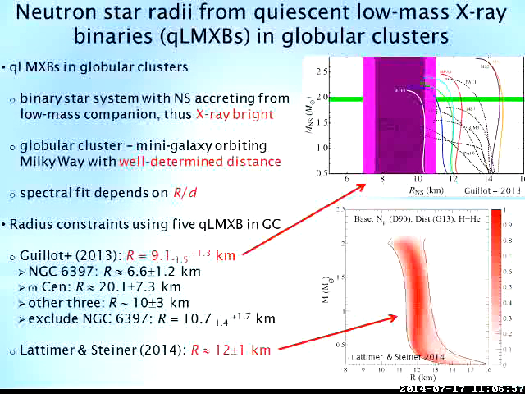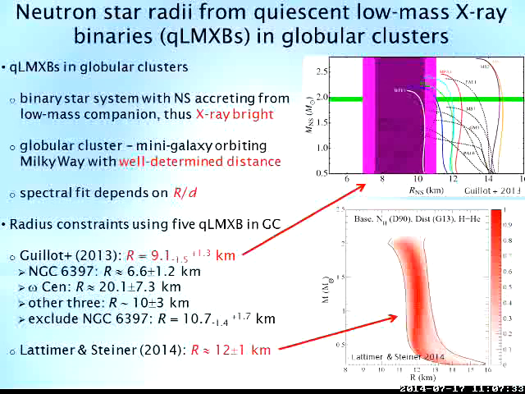Because it's accreting, it's X-ray bright, so that's why it's useful. Also, the ones in globular clusters are useful because they have a relatively well-determined distance, to roughly 10 to 20%. One of the most difficult problems in astronomy is knowing distances to objects, so knowing the distance to 10-20% is pretty good in astronomical terms.